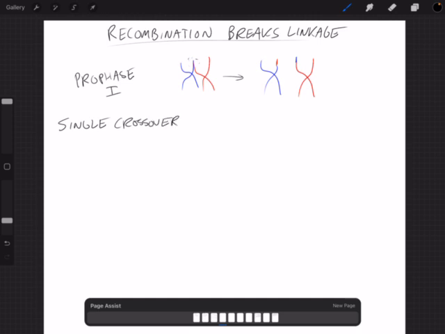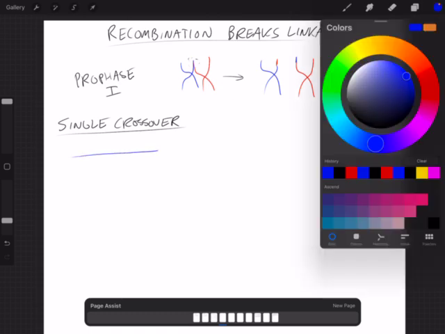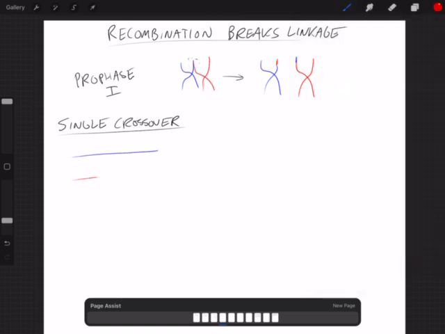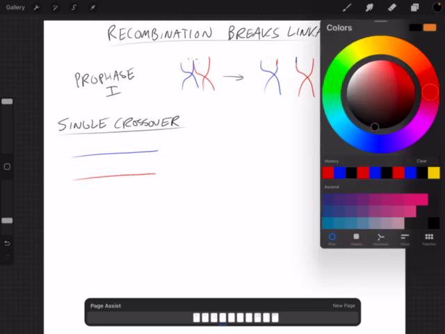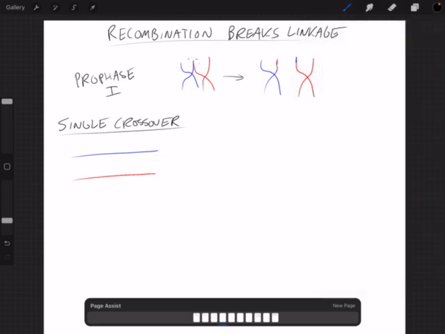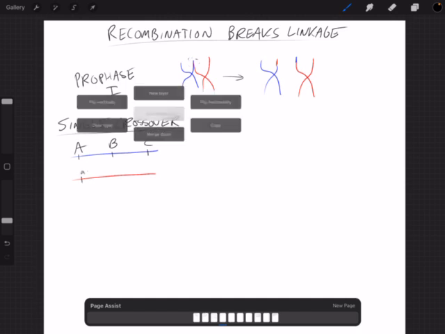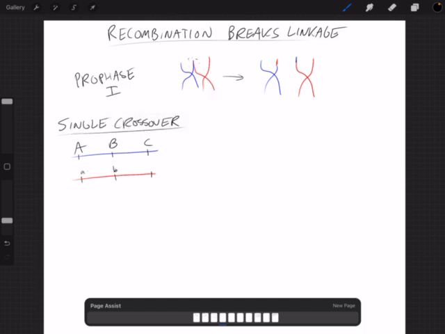So let's draw a chromosome, and let's give it some dominant and recessive genes. We've got the red and the blue chromosome, laid sideways for ease of drawing. We'll have a dominant A allele, a dominant B allele, and a dominant C allele on the blue chromosome. The red will have a recessive version of each of these alleles.